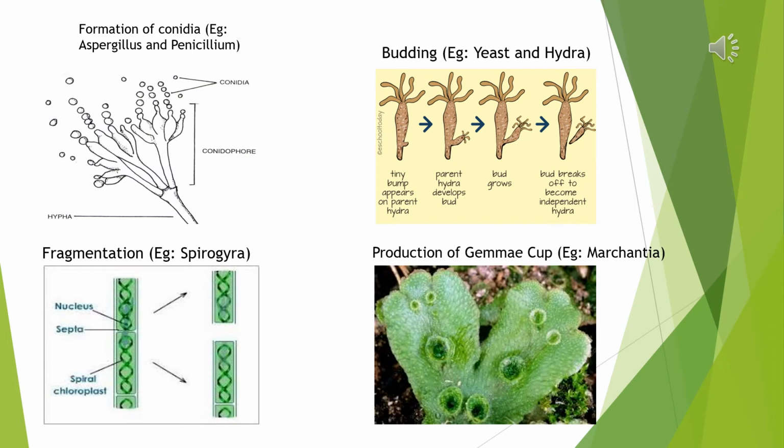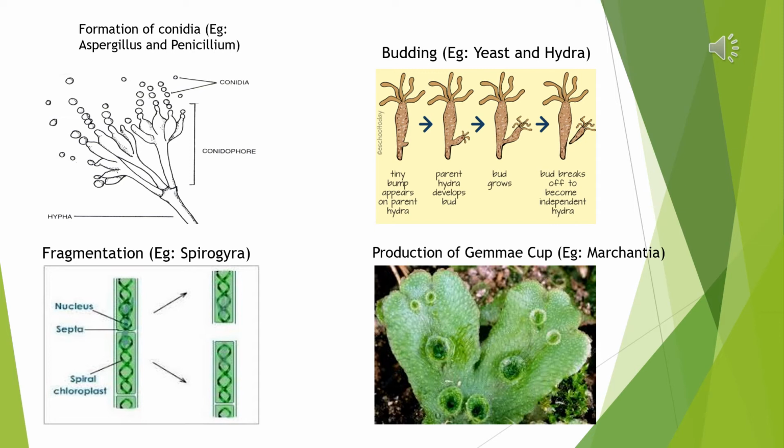Spirogyra, algae. What is meant by fragmentation? Fragmentation is a method in which a parent cell gets divided into several small segments. Each segment grows into a new individual. The example is algae, spirogyra. The next, production of gemmules.